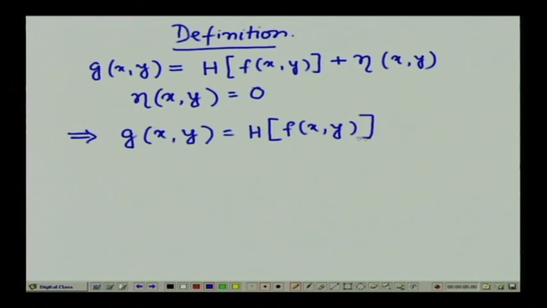And as we said, here H is the degradation operator.